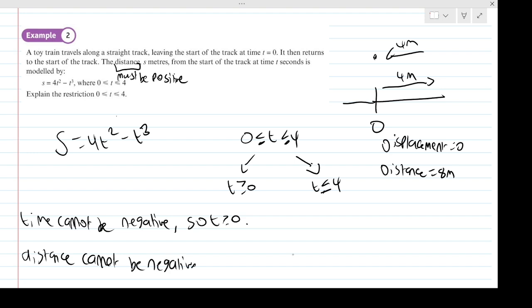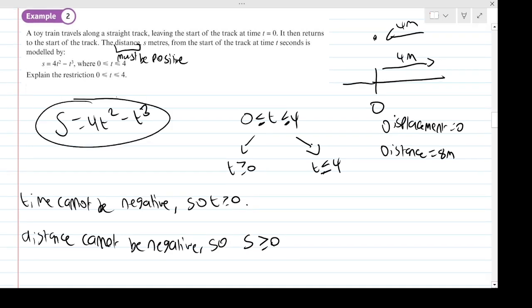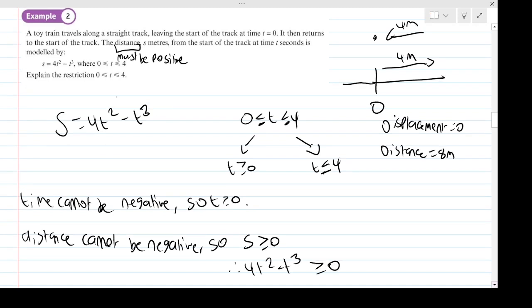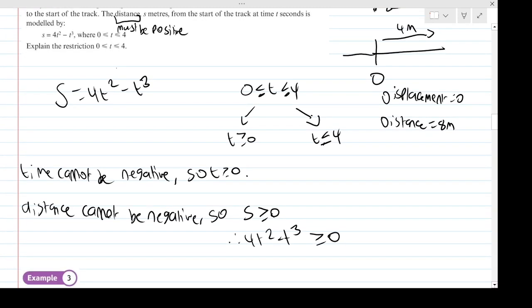So that means s, my distance, has to be greater than or equal to 0, which means if s is this expression here, then 4t² − t³ has to be greater than or equal to 0 as well. At this point we need to solve this inequality. We don't know how to solve this like a quadratic inequality, because it's not a quadratic, it's a cubic.